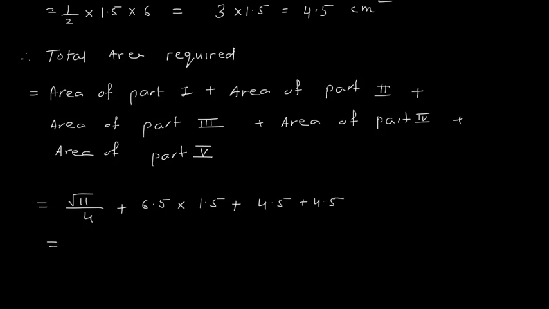So this will be 9, and then 9 plus 2, 11 plus 6, 17. So 17 plus root 11 divided by 4 centimeter square. This is the required area. Simple question? Yes. Now let us check the next question.